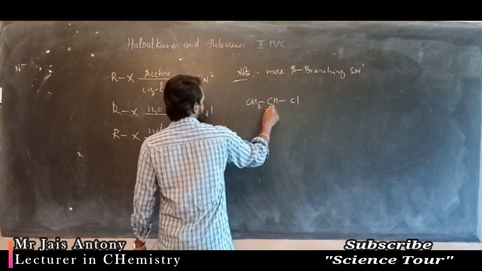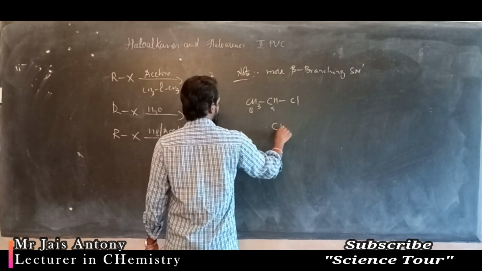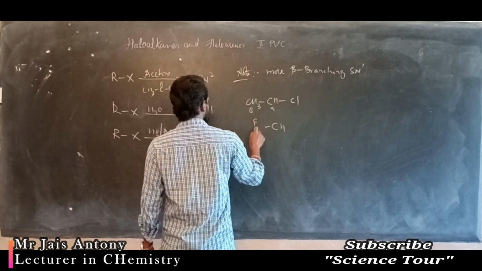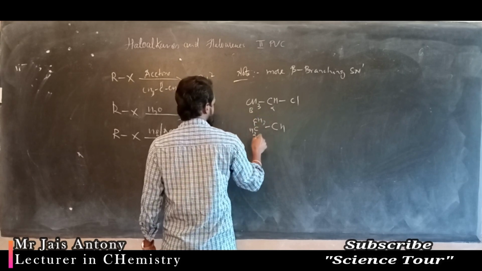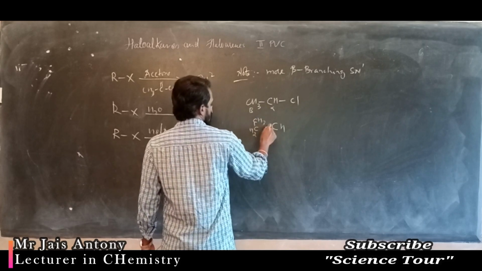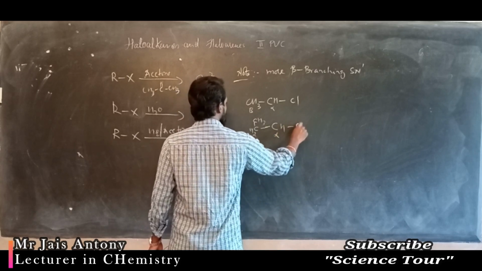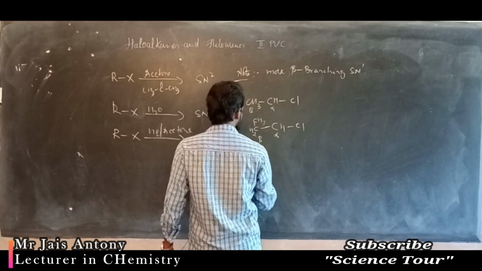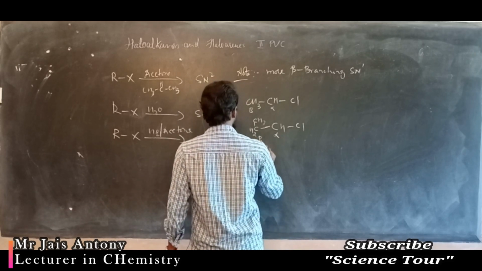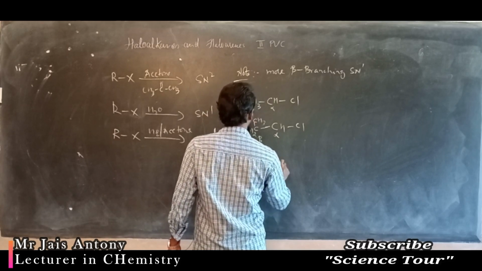In this, this is the alpha carbon and this is the beta carbon. I am not explaining everything, just writing things down. Understood? The same I will write like this, with CH3, CH.